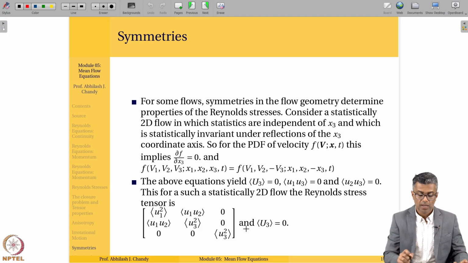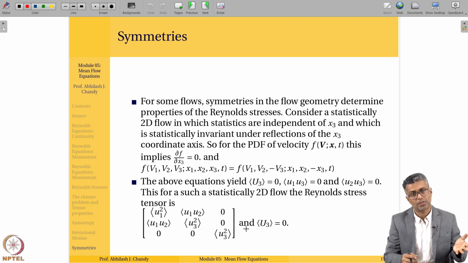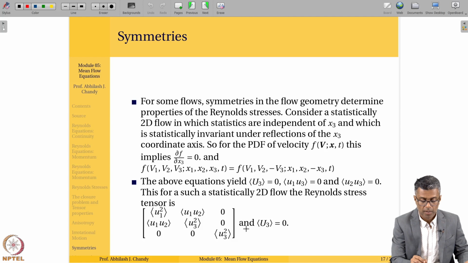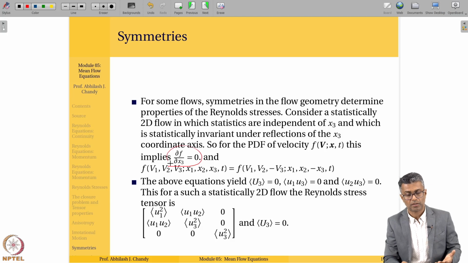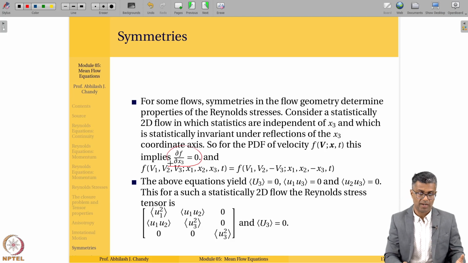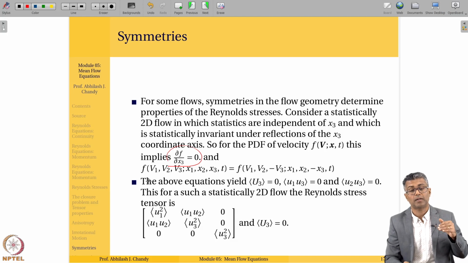in which case the PDF, since we are talking about statistics, we'll just take the PDF, so that all statistics come under that umbrella, and then you would have ∂f/∂x3 equal to 0, because all statistics are invariant in the x3 direction. Also they are invariant to any reflections in the x3 direction.